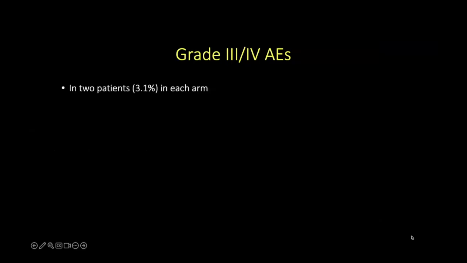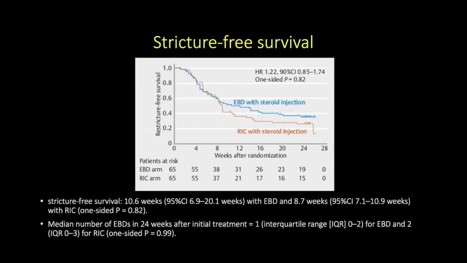In terms of the primary outcome, grade 3 or 4 adverse events were encountered in 2 patients in each arm, which was not statistically significant. When comparing stricture-free survival, it was 10.6 weeks in the balloon dilation group compared to 8.7 weeks in the radial incision group with a p-value of 0.82.